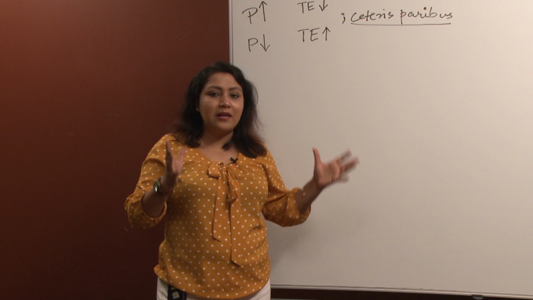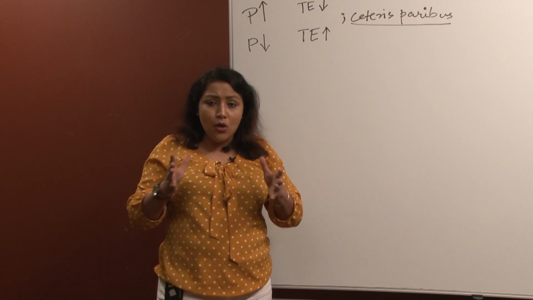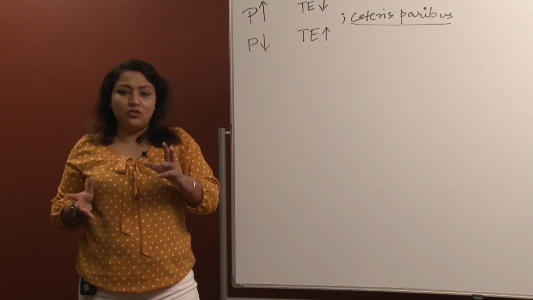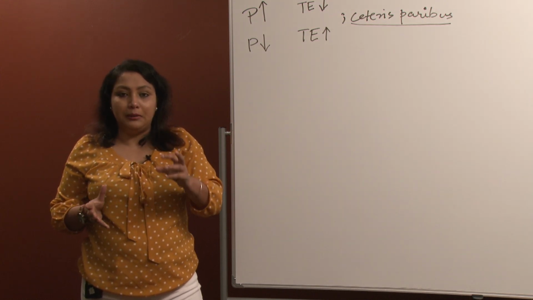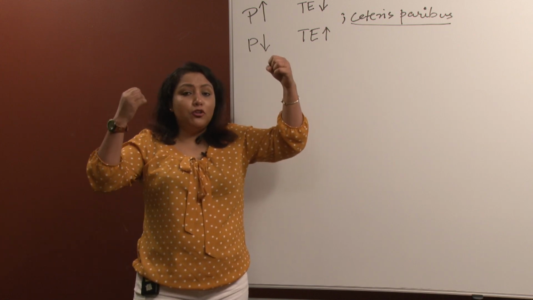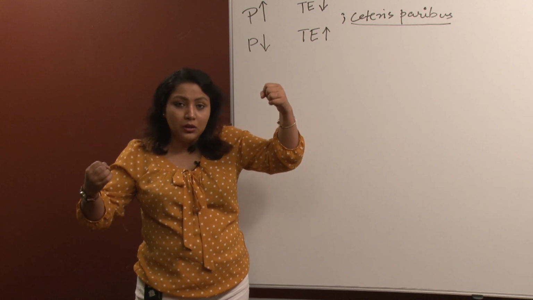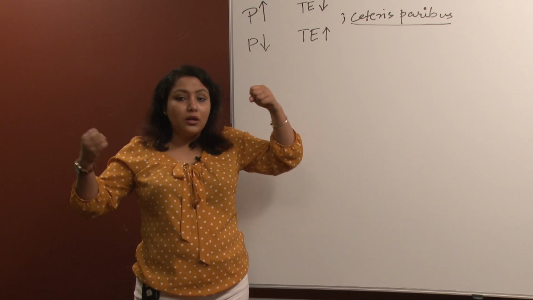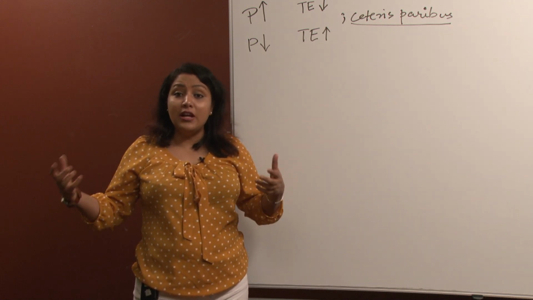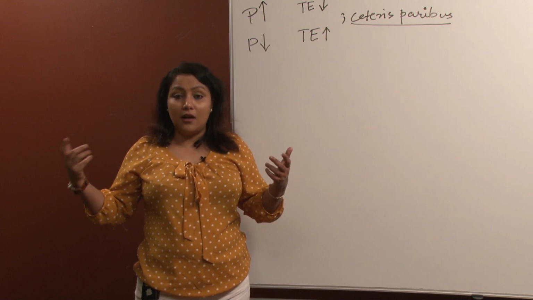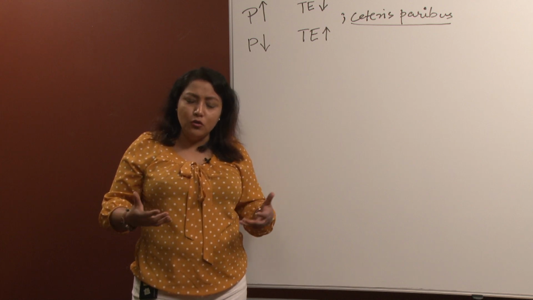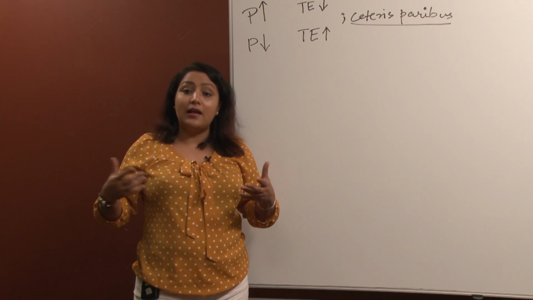Earlier you could buy a basket that had 5 Big Macs. Now you can buy a basket that only has 2 Big Macs. So what has changed is the purchasing power of money, right? So if this is true, as prices go up, if the purchasing power of money comes down, then please note that the total expenditure gets affected, and as a result of that, the real GDP in the economy gets affected, because the actual basket of goods and services that are produced and that are actually bought and sold has come down.